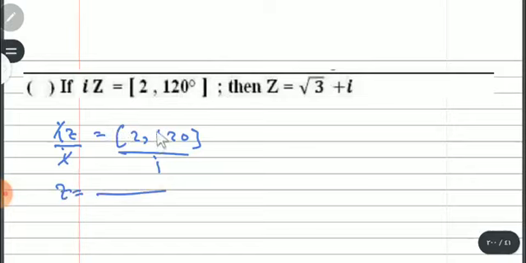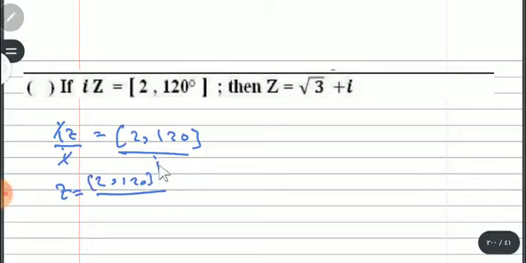But here in the numerator is a complex number in polar form, and in the denominator i in algebra form. I want them the same. So it's easy to change i to polar form. Okay, so 2 and 120.